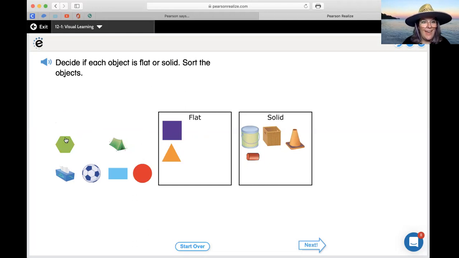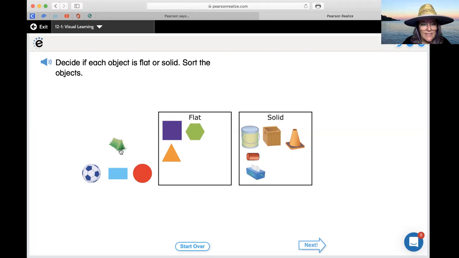Let's look at this hexagon. Hexagons just go up and down and side to side, but they're flat. Do you see that? They don't have any solid to them. So this is a flat 2D shape. This tissue box, that is a 3D solid.